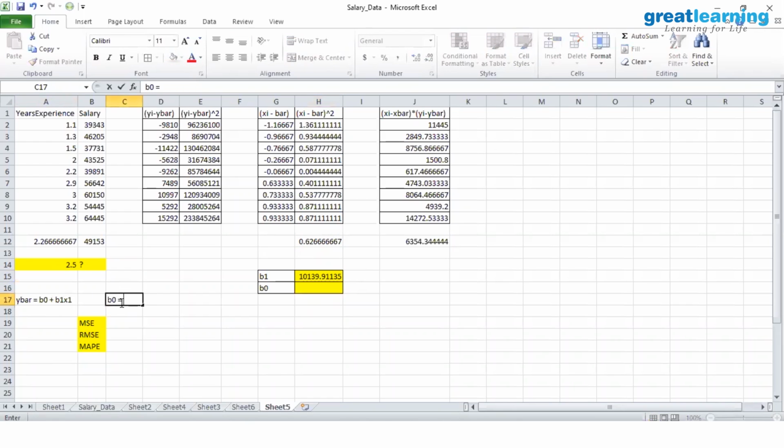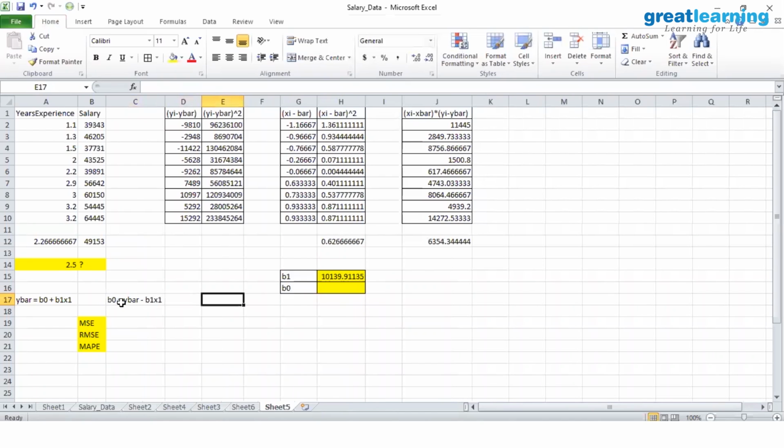B0 is given by y bar minus B1 x1, where y bar is the overall average.